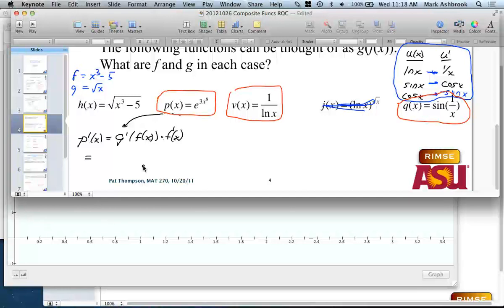Janae, did you make progress on this first one? Tell me. So I set up the rule here: the rate of change of g with respect to f. What would that be?